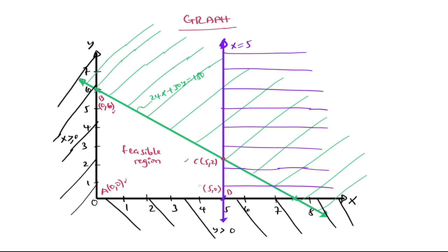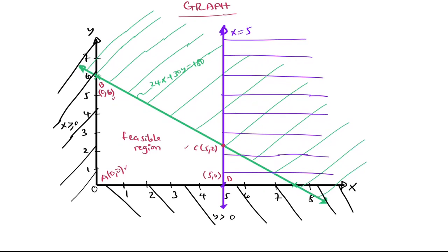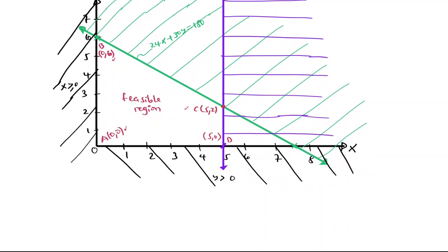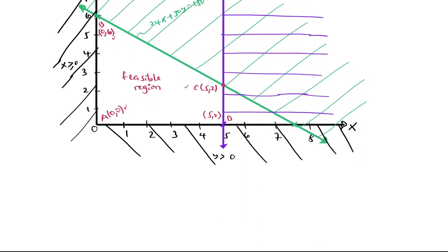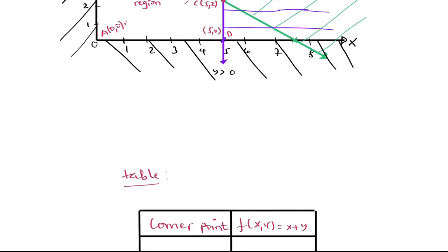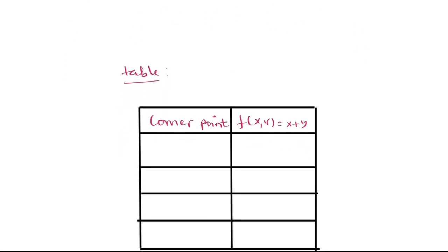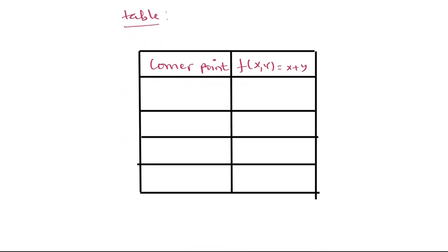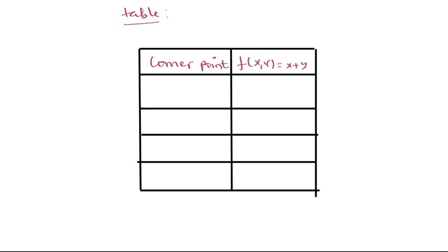Okay, so next, to find the maximum value, we are going to substitute these points in our objective function. So we are going to have a table with the corner points and our objective function f of x, y, which equals x plus y.